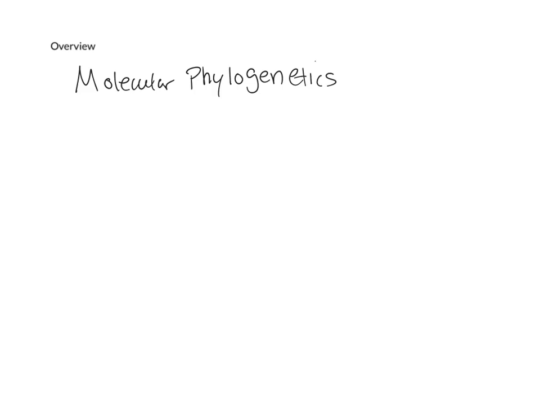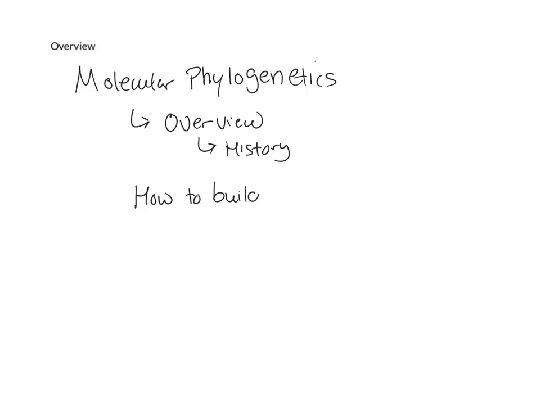All right, so we're specifically going to first give an overview here. There'll be an overview and a little bit of history, so we'll spend a little bit of time on history. And then after that, we're going to talk about how to build phylogenetic trees.